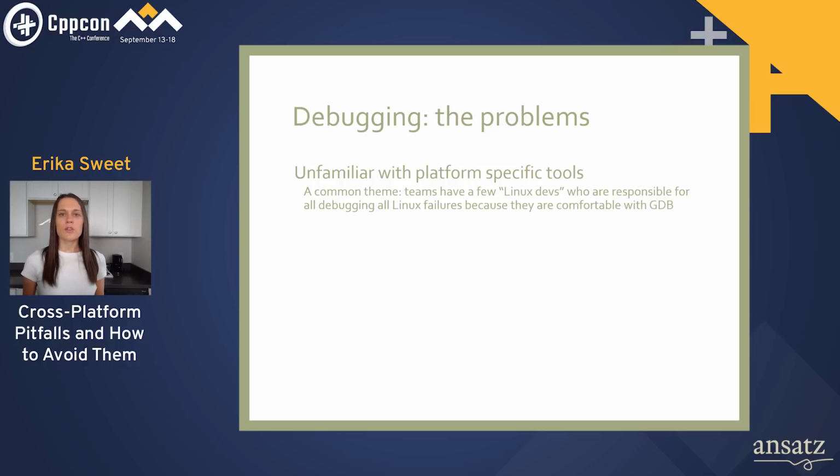So for example, you might work primarily on Windows and have relied on the Visual Studio debugger, but then you also added support for Linux. And a common theme that I hear in response to this problem is that teams will have a few specified Linux devs who are comfortable using GDB from the command line and are responsible for debugging all Linux failures. And this can definitely help, but it doesn't really address the root of the problem.